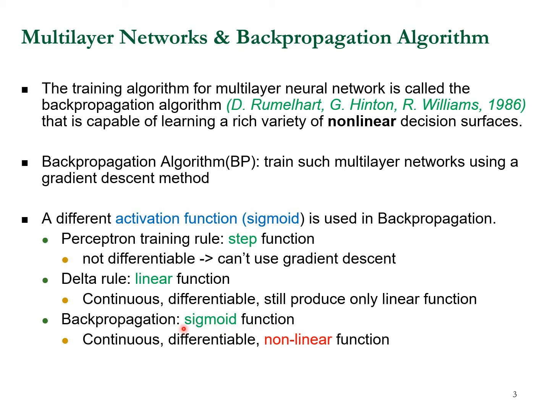So in backpropagation, we use the sigmoid function as the activation function. The key is that the sigmoid function is a continuous function. It's differentiable, so we are able to use gradient descent, and this function is non-linear. That means the entire network is now a non-linear classifier.